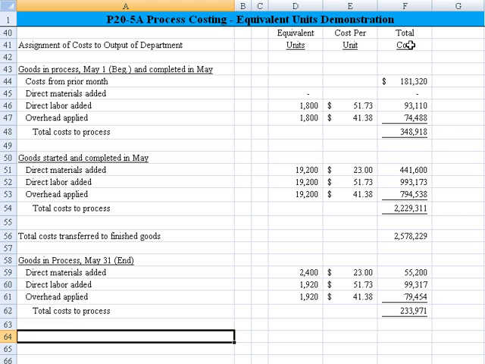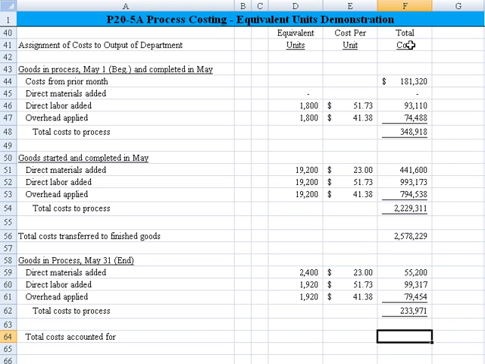So now what we need to do is make sure we've accounted for all costs. And here we will simply take the sum of the cost transferred to finished goods plus what was existing in cost in process at the end.